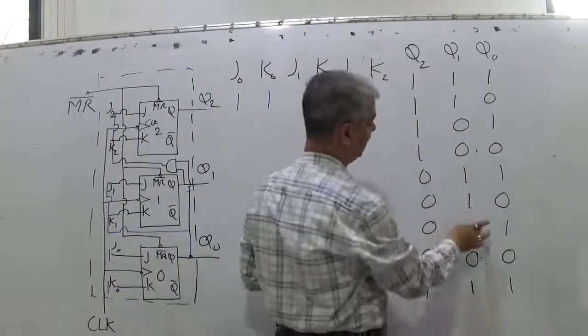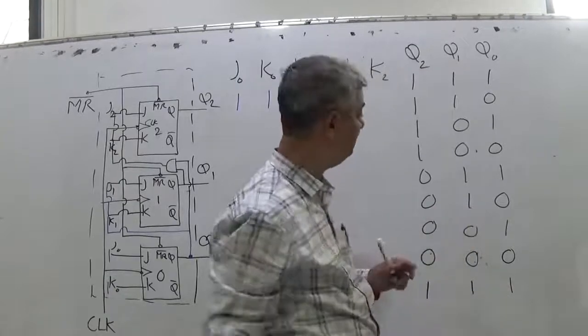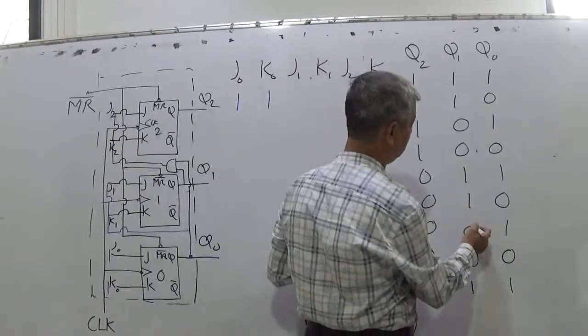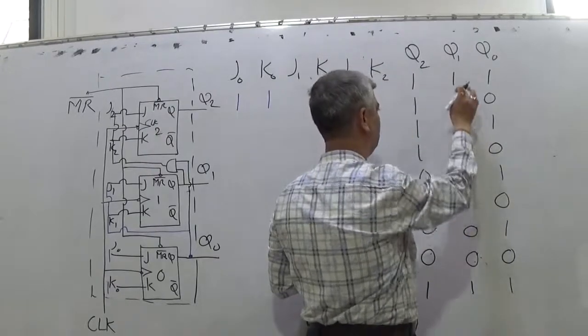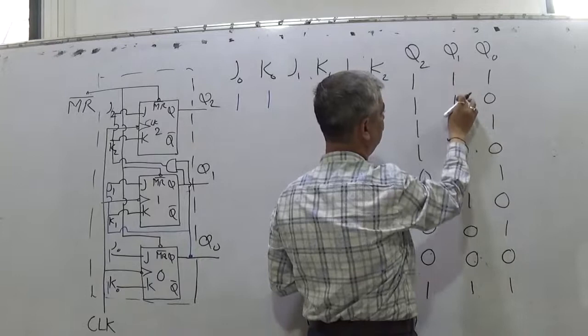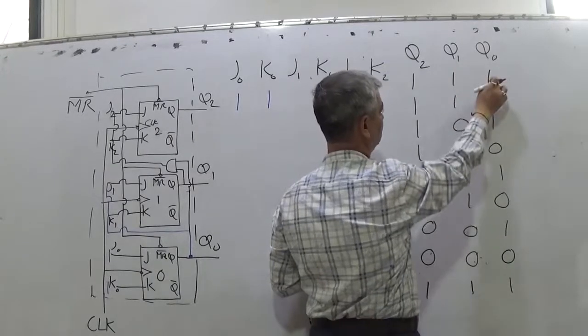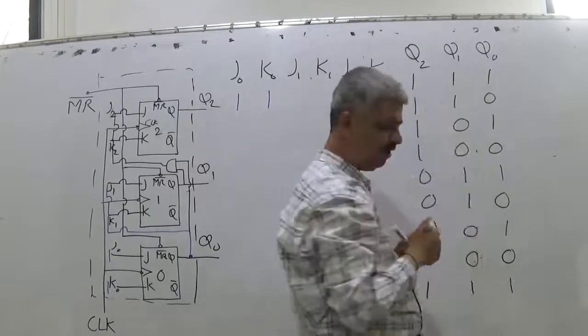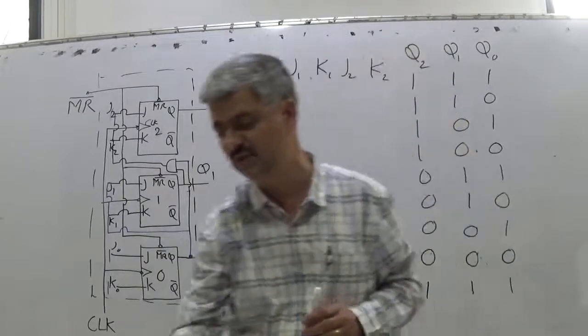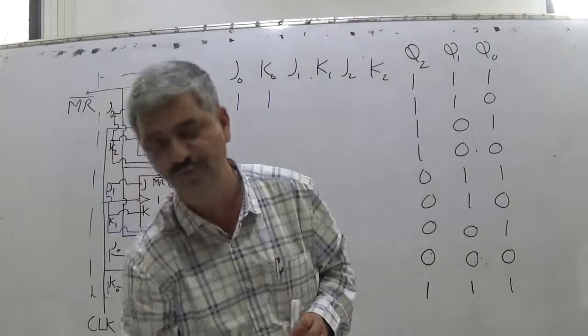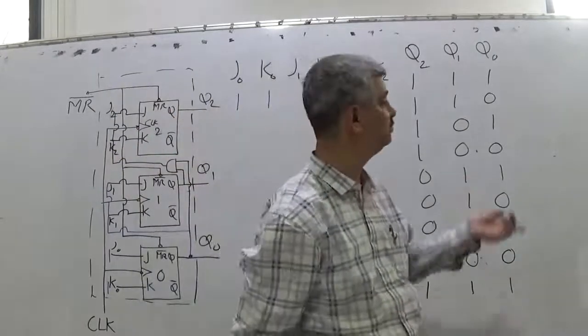You look at the change in Q1 or maintaining the last state, and for the action of either continuation or toggling of Q1, you look at Q0.